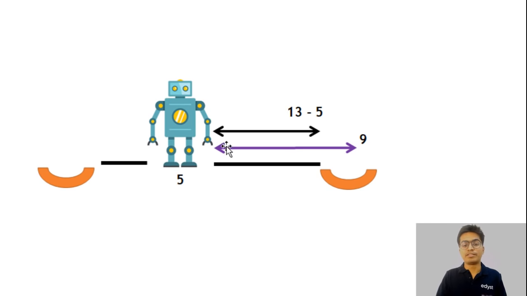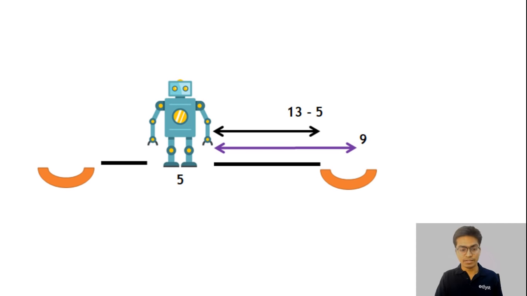Because the minute you go from 5 to 13, which is 8 meters, the robot is going to fall into a ditch. It will not be able to complete its entire step. So up until now, how many meters have we moved? 9 forward, 4 backward, and 8 again forward. 21 meters is the distance we have traveled so far.